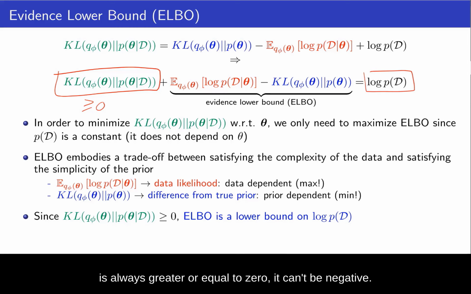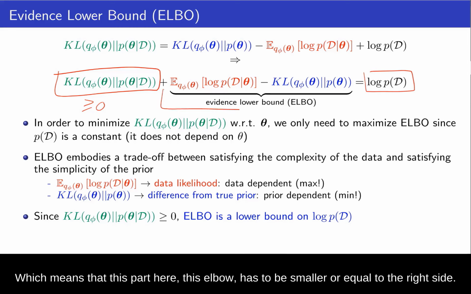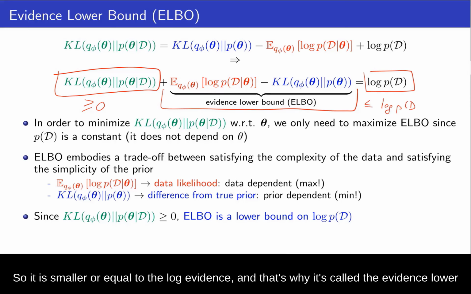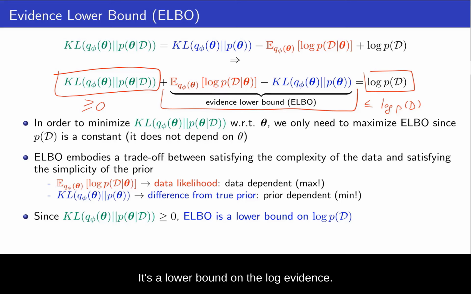It can't be negative, which means that this ELBO has to be smaller equal to the right side. So it is smaller equal to the log evidence, and that's why it's called the evidence lower bound. It's a lower bound on the log evidence.